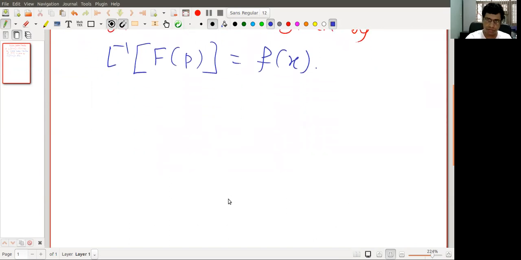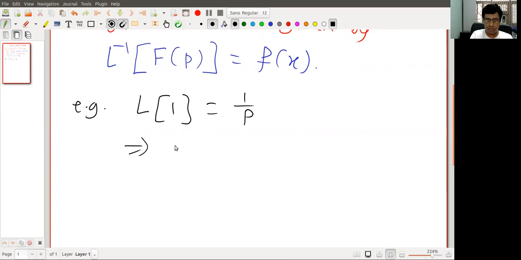For example, Laplace transform of 1 is 1 upon p. This implies inverse Laplace transform of 1 upon p equal to 1.